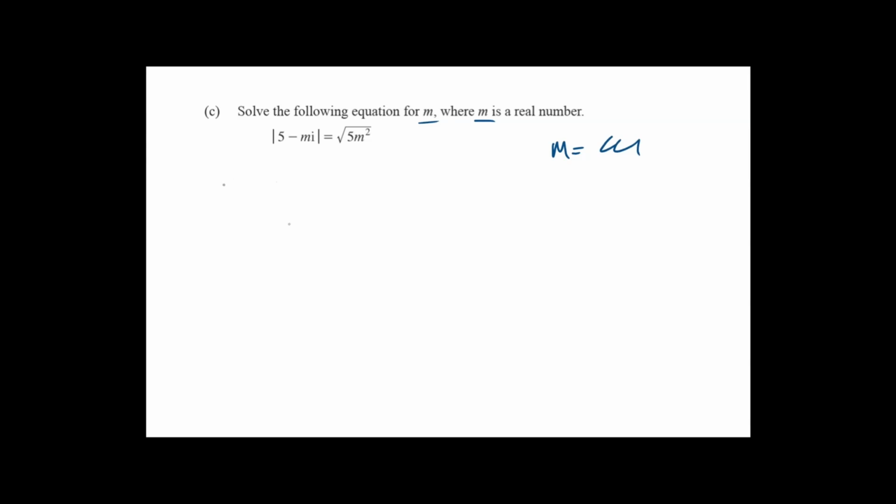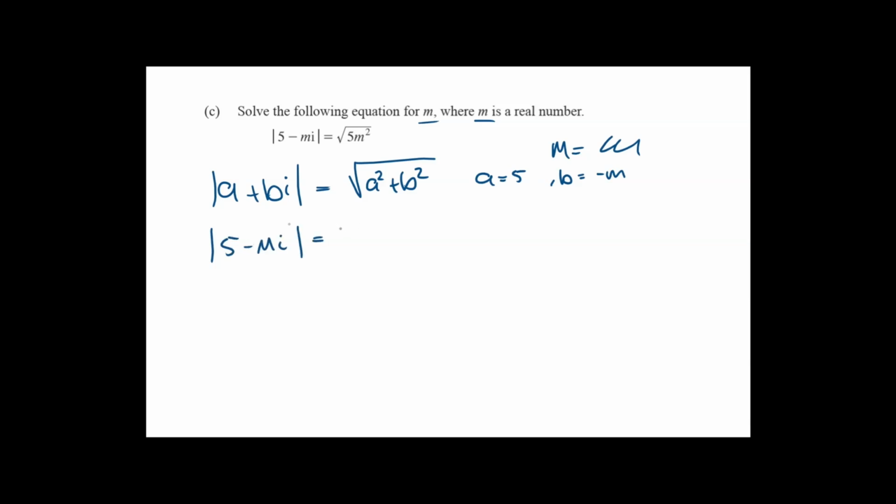If you remember right back to when we did complex numbers, that's going to be the same as using Pythagoras' theorem, a squared plus b squared, where a is going to be 5 and b is going to be negative m. So the modulus of 5 minus mi is going to be the square root of 5 squared plus negative m squared, which is the square root of 25 plus m squared.